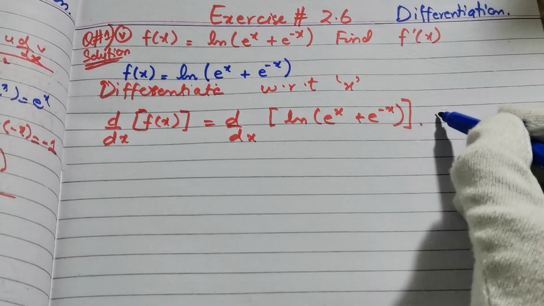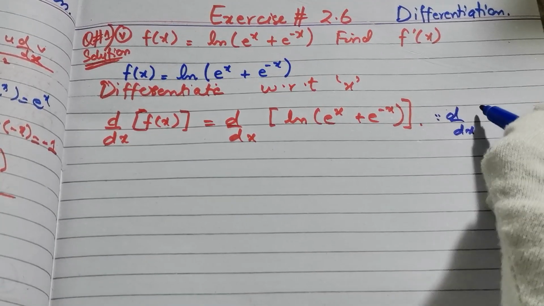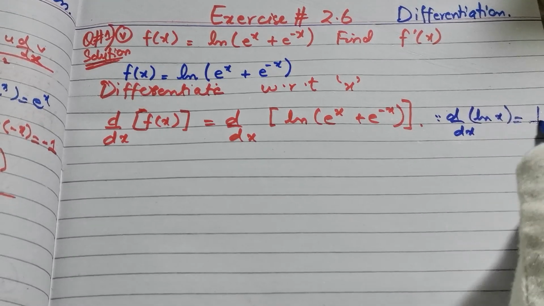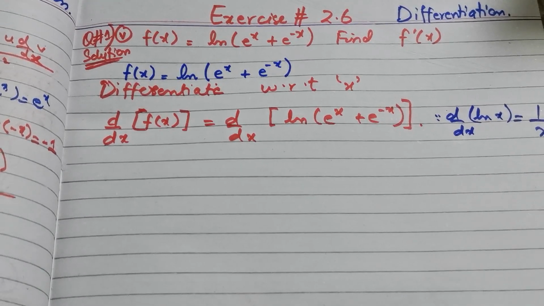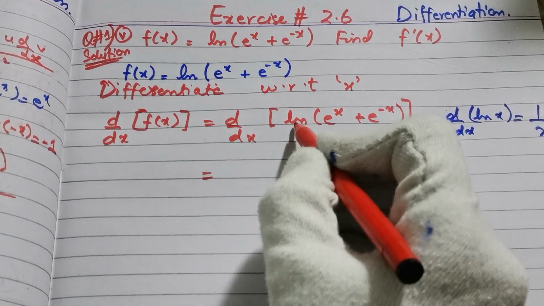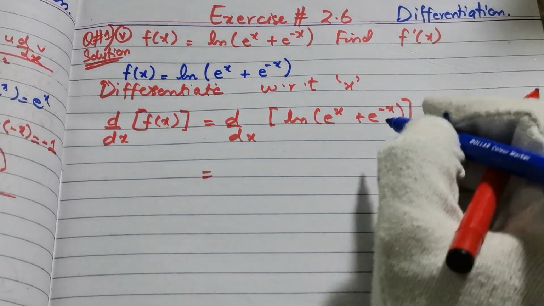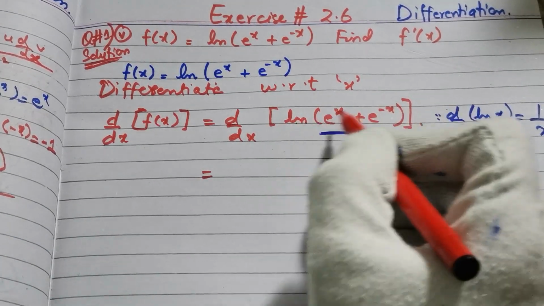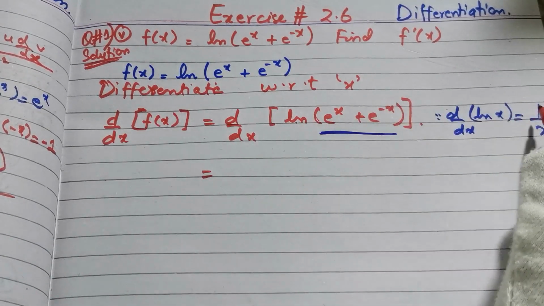As we know, the derivative of natural log of x is always 1 by x. So for the derivative of natural log, we consider this whole term as x. So the derivative of natural log of x is 1 by x.